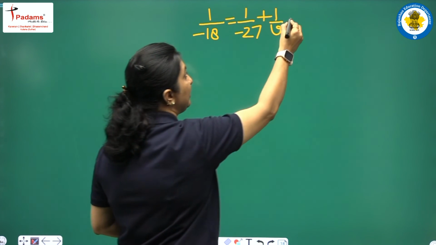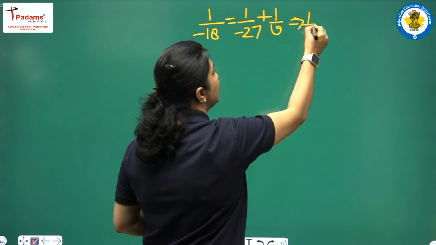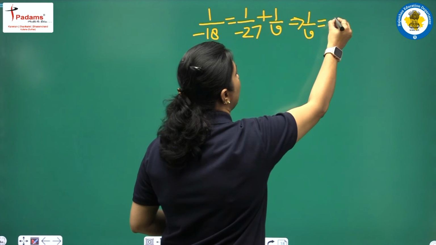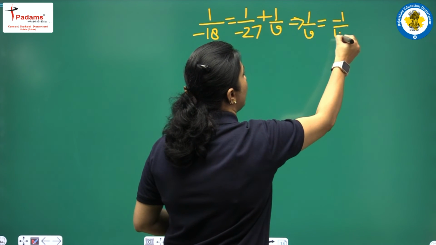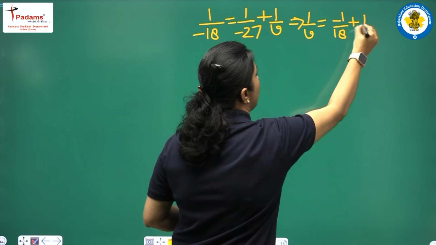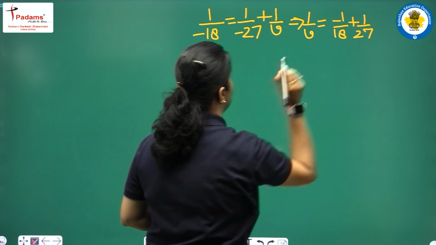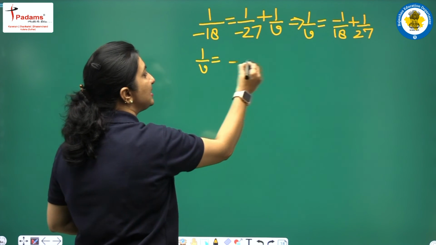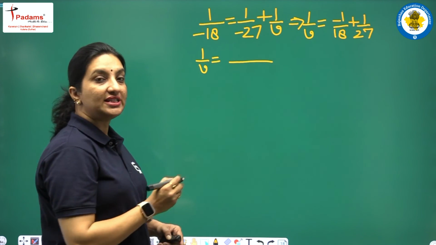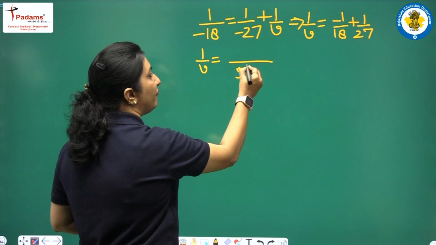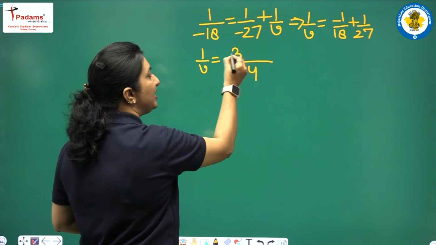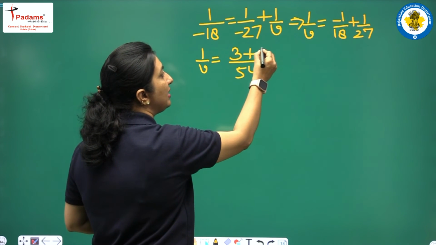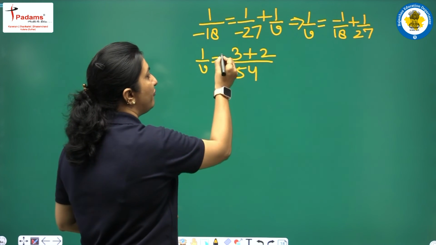On rearranging, what we get is 1 upon v will become equal to minus 1 upon 18 plus 1 upon 27. And 1 upon v can then be written as, the LCM for 18 and 27 can be taken as 54. 18 3s are 54 and 27 2s are 54.